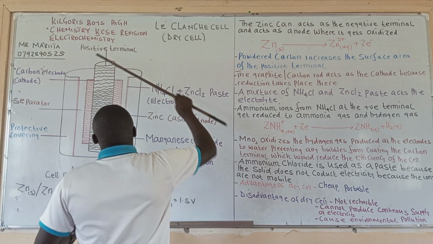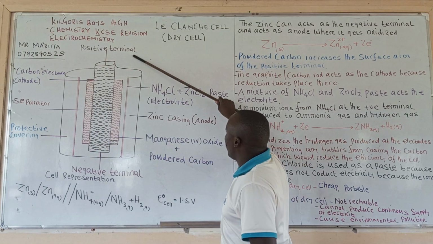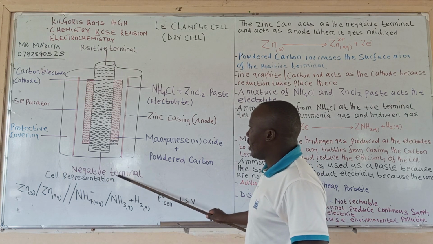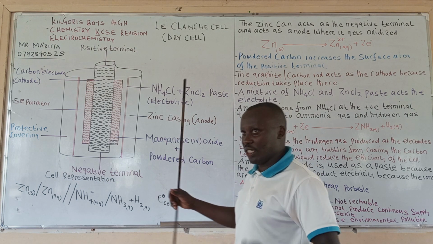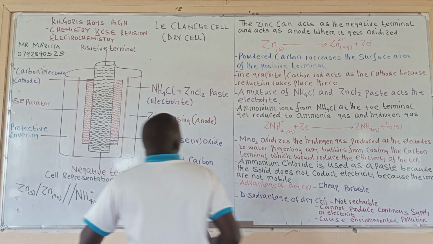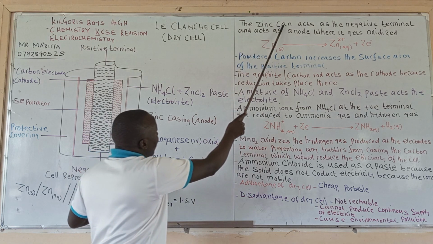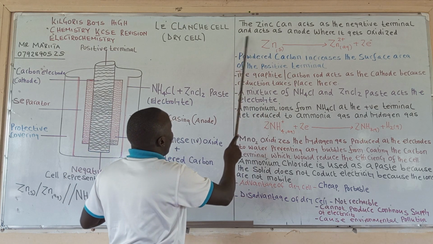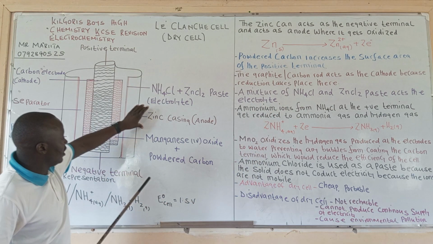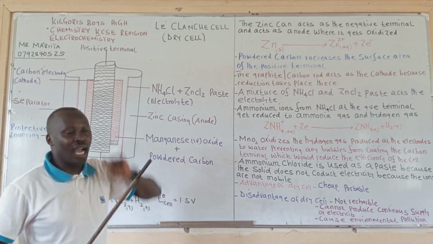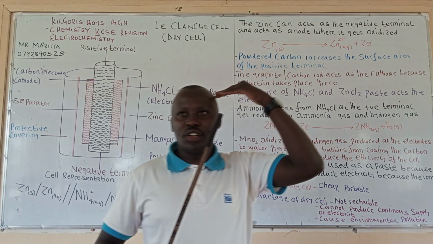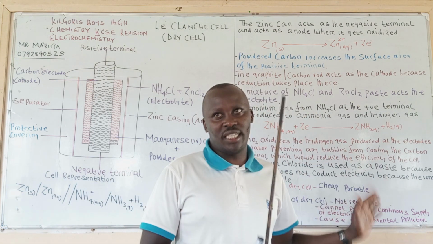Remember, we have the positive terminal here and the negative terminal here. So the zinc acts as the negative terminal and the anode, where it gets oxidized. So this zinc casing is acting as the anode, and oxidation takes place there.